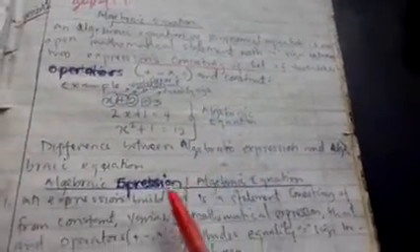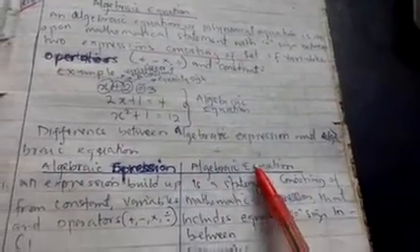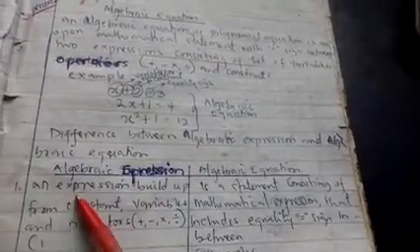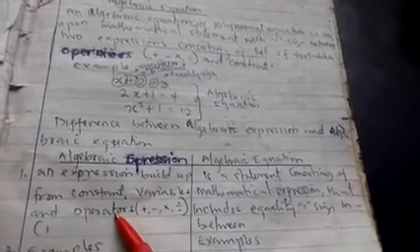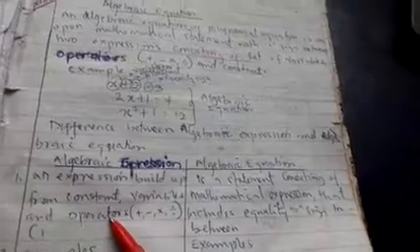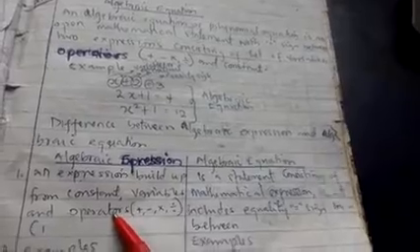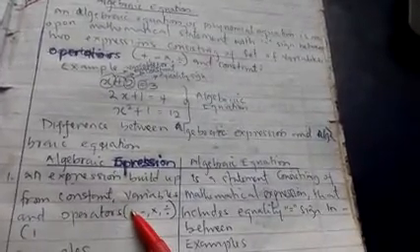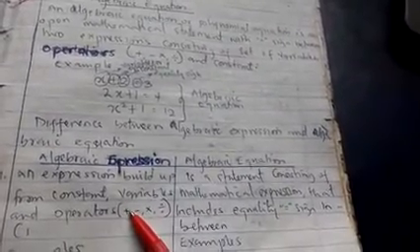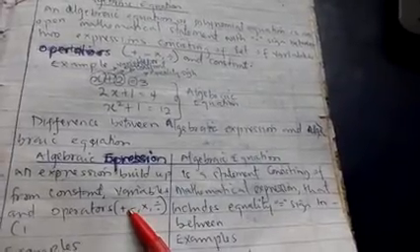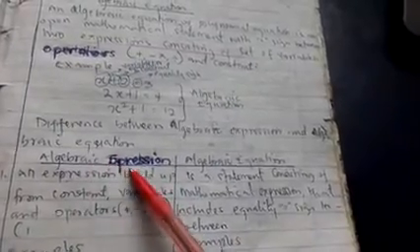Now let's come to the difference between an algebraic expression and an algebraic equation. An algebraic expression is built up from constants, variables, and operators. That is, when you see constants put together with operators without an equal sign, such numbers or variables or constants put together is called an algebraic expression.